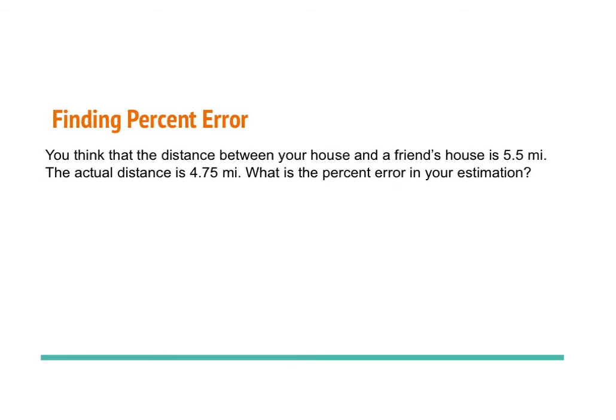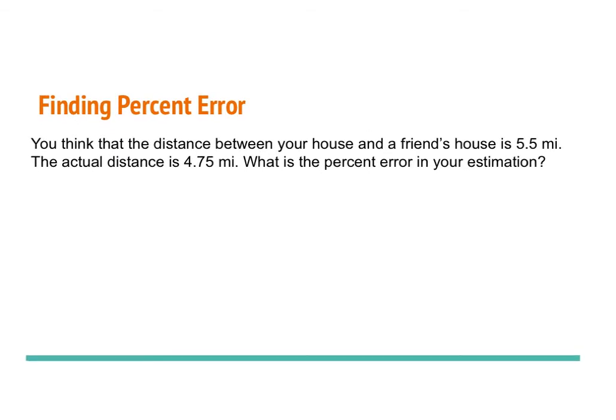Finding percent error. You think that the distance between your house and a friend's house is 5.5 miles. The actual distance is 4.75 miles. What is the percent error in your estimation? Remember, percent error is the same as relative error, and we have to find what's the actual and what's the estimated.